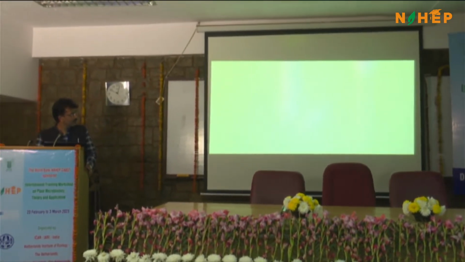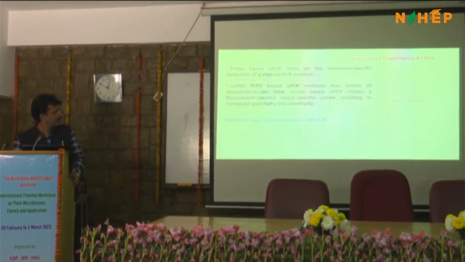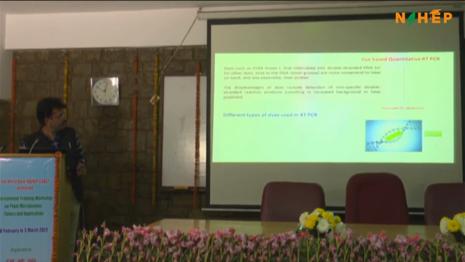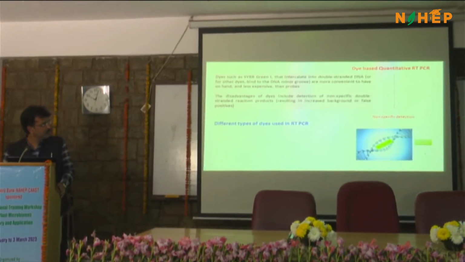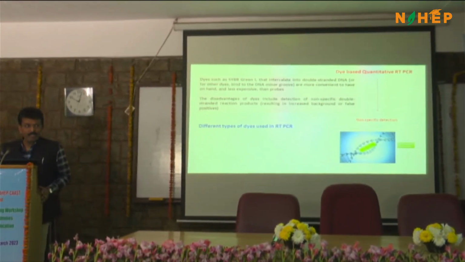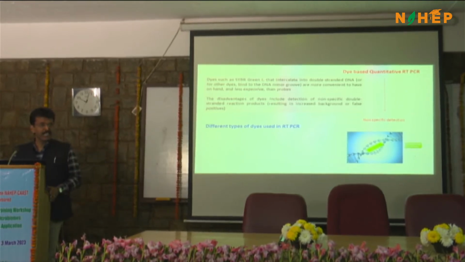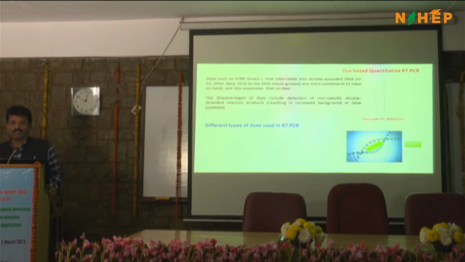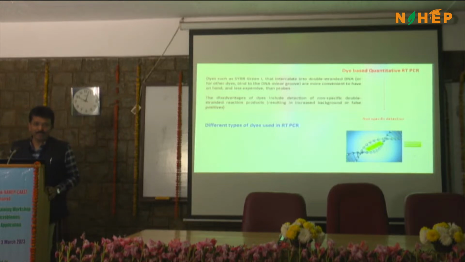Just a quick recap of what we did, to rewind some of the things. This is a dye-based quantitative real-time PCR. We use an important dye, very popular now, that is SYBR Green, right? So what is the character of SYBR Green? Anybody?